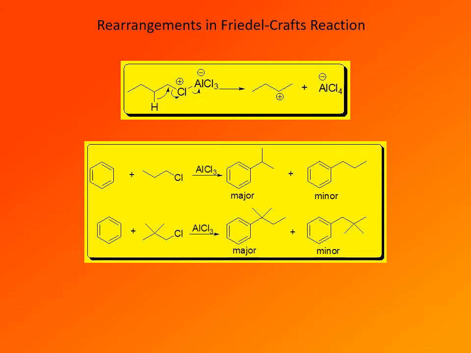That means that the desired product is never obtained in good yield, and in addition, since these products have very similar properties, they are very difficult to separate from each other. So this is the first problem, rearrangement of the alkyl group to give a mixture of products.